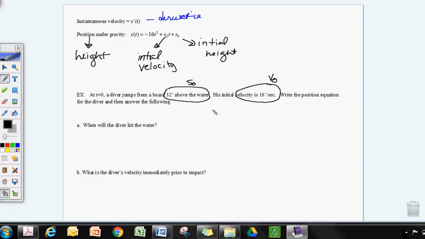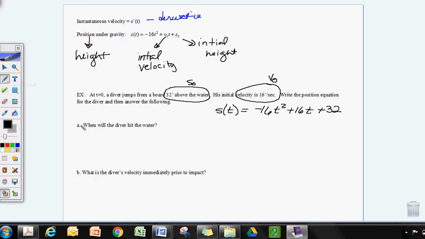So my equation's just going to be S of t equals negative 16 t squared plus 16 t plus 32. Okay, so when will the diver hit the water?